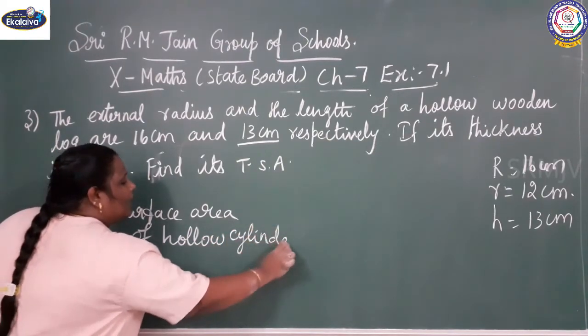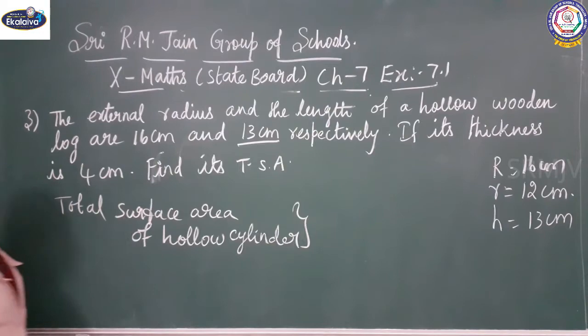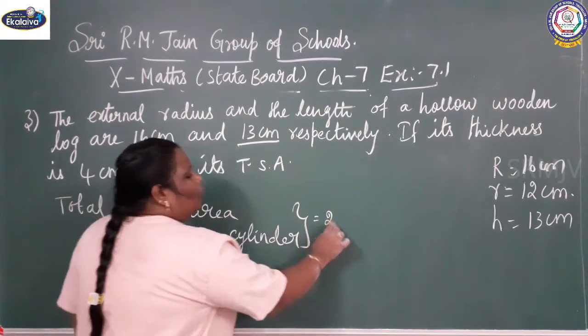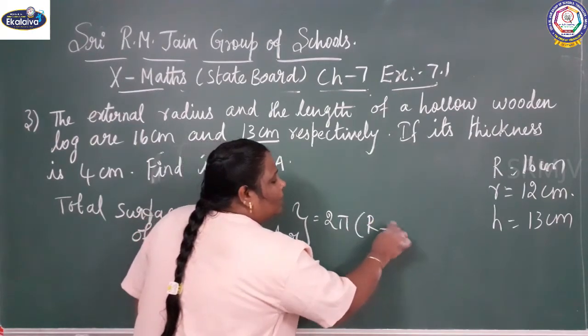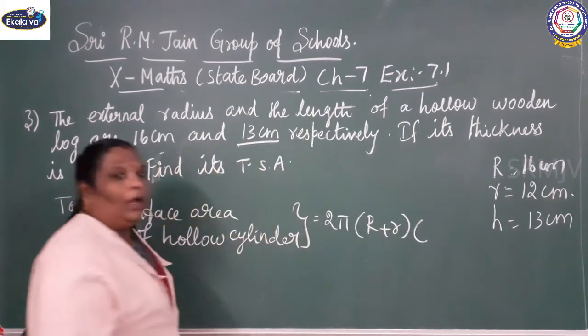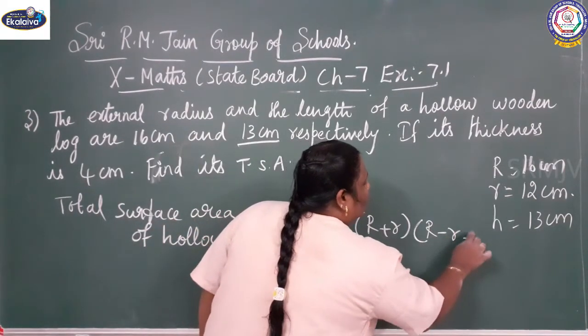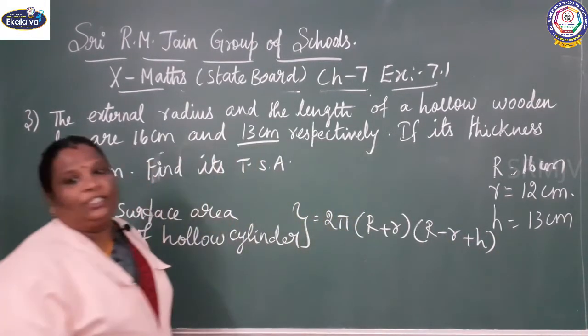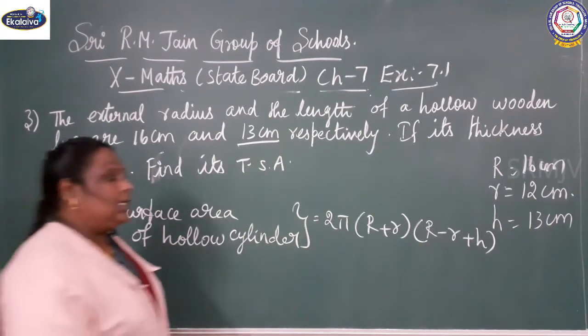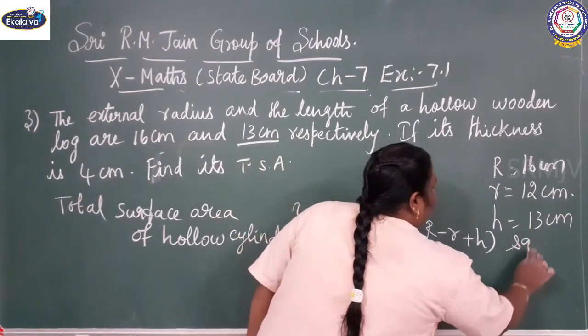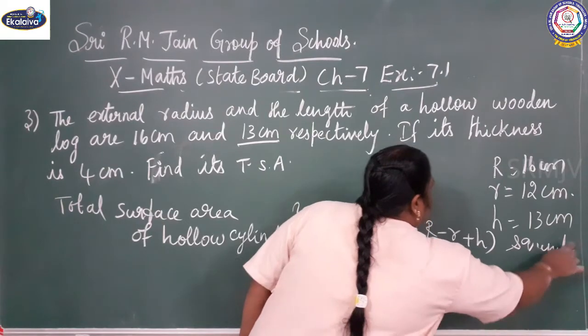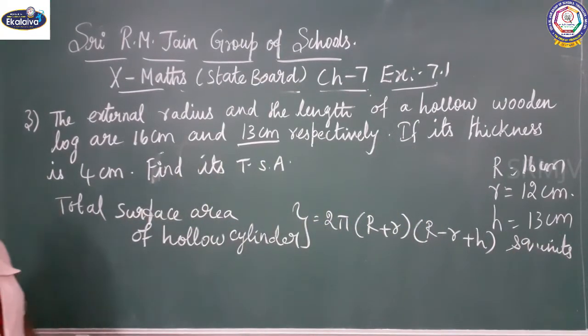Total surface area of hollow cylinder equal to 2 pi into capital R plus small r into capital R minus small r plus h, square units.